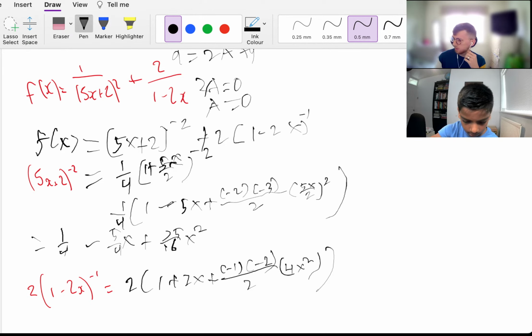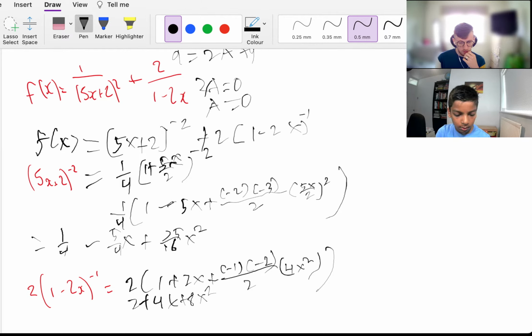Then that would be 2 plus 4x, and then all of this just goes out, and then it's 2 times 4x squared, that's 8x squared. Brilliant.